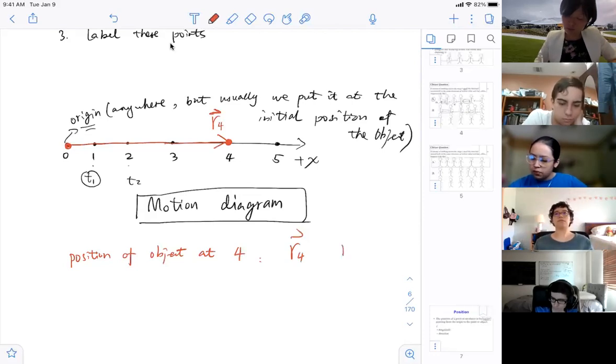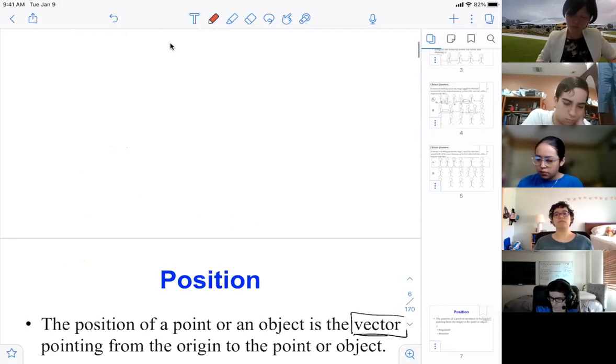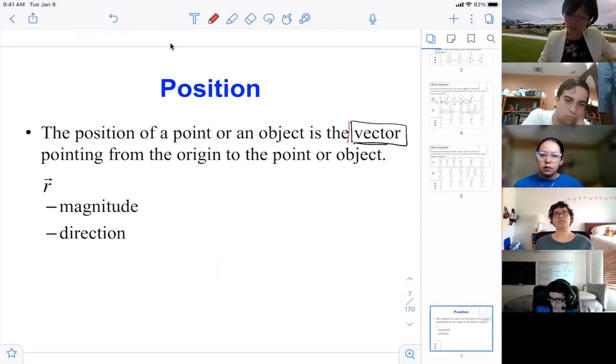Or if you want, you can write an arrow; both of these are good. So this is your position. Now, I haven't explained what vector means. So can anybody tell us what a vector means?